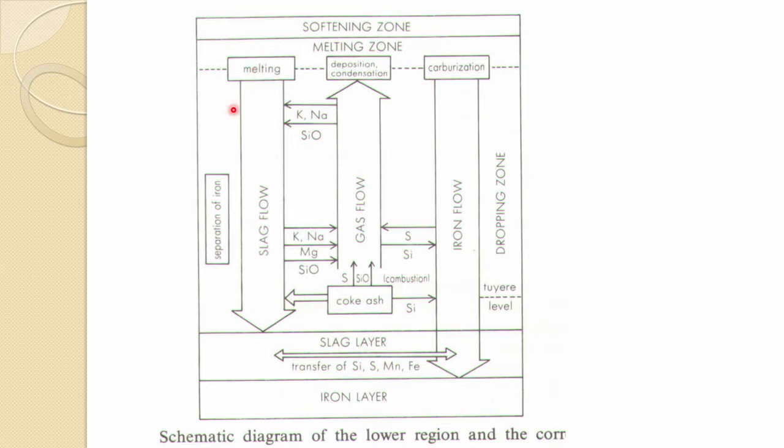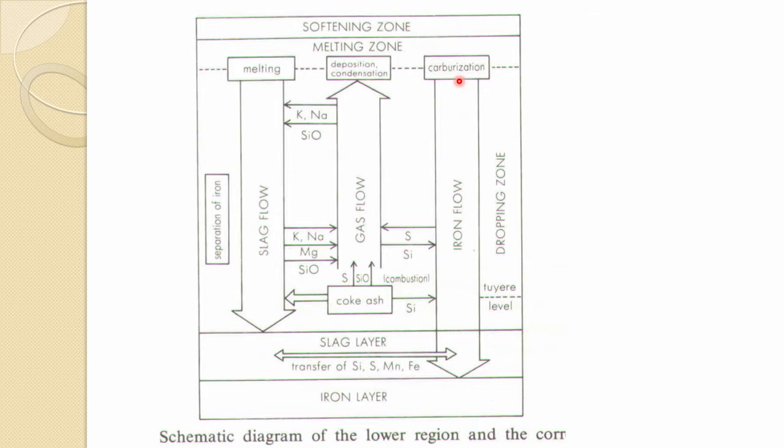Slag is made of gangue material, calcium oxide, silica and magnesium, these sort of materials, and FeO is present in the slag, and the iron is quite carburized, sort of carbon saturated.